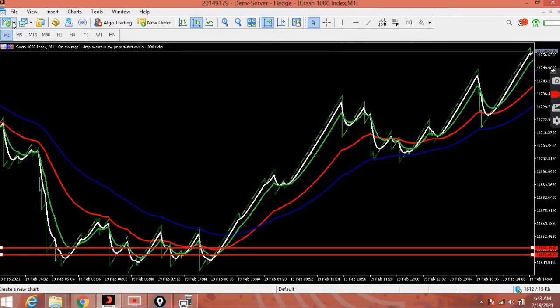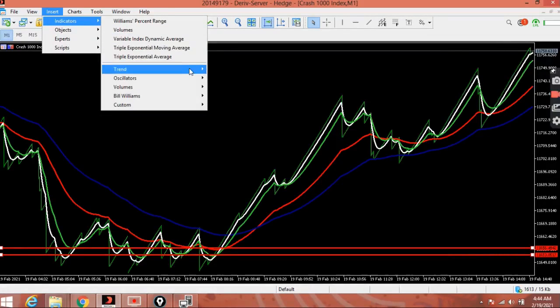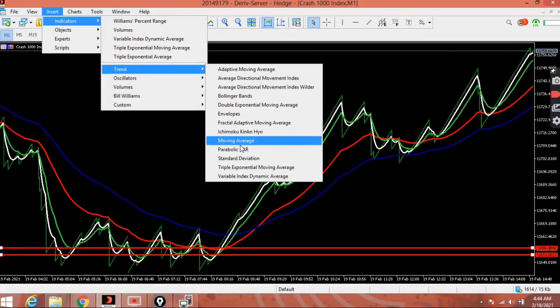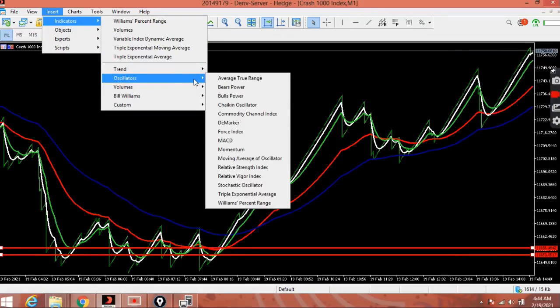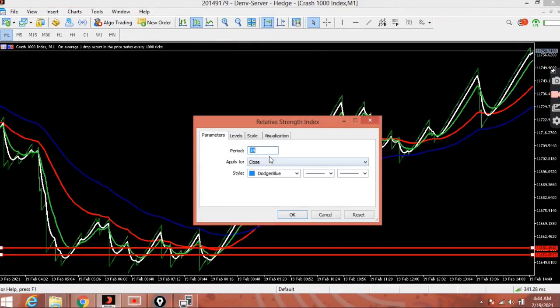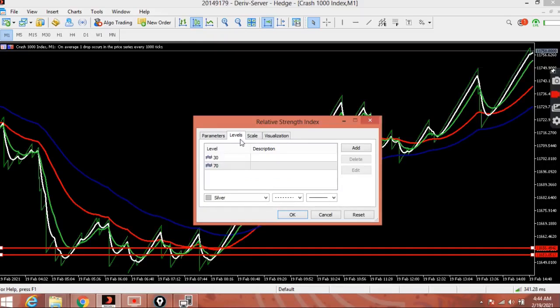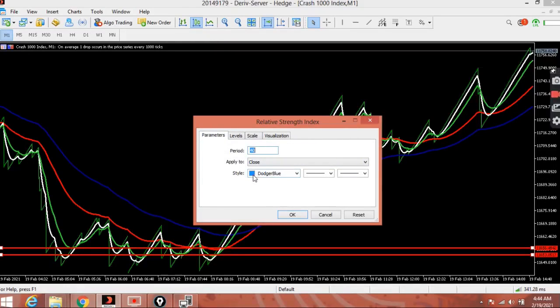Let me put the other indicator. I think it's RSI, the Relative Strength Index. Period 40. All these things should be in your background color, black. Let me use black.